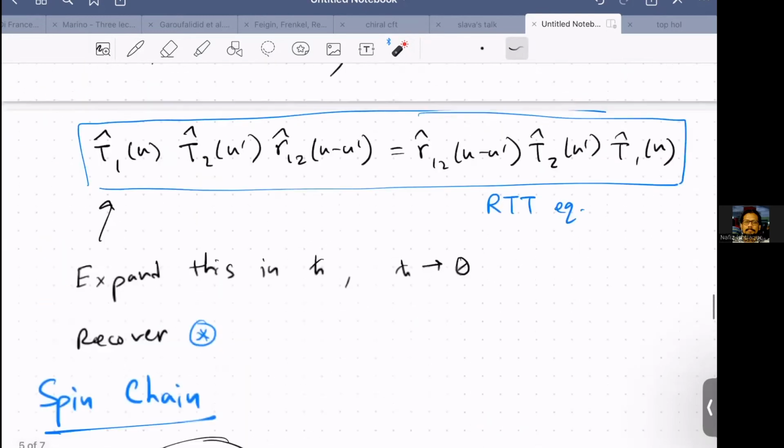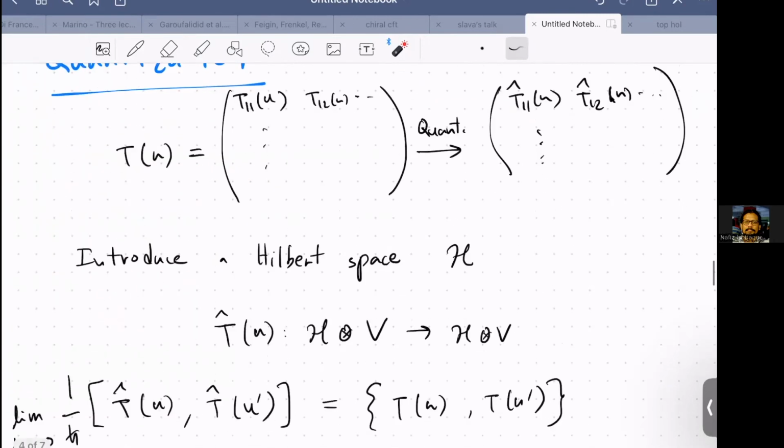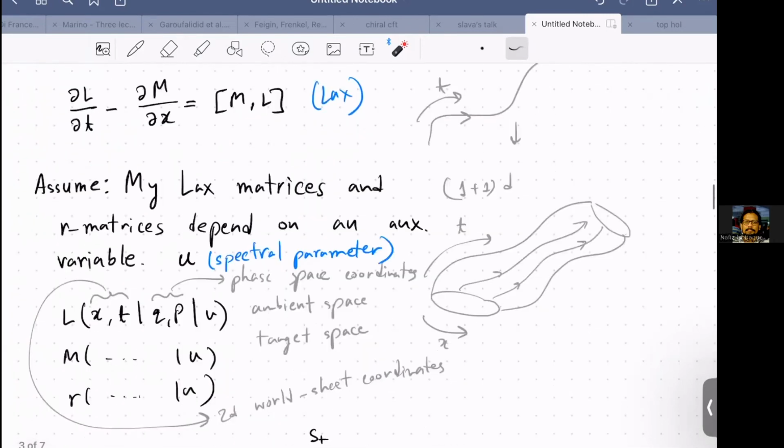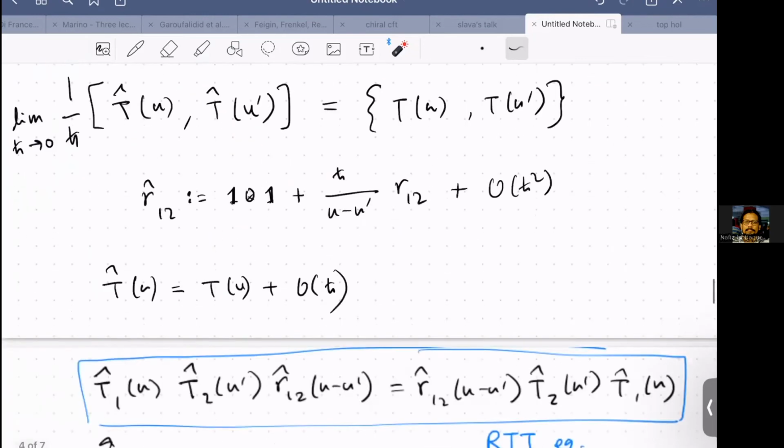So this is similar to the classical situation, where the monodromy matrix, the entries were functions on the phase space. The whole thing was a matrix valued thing, but once you take the trace, you only get a function on the phase space.